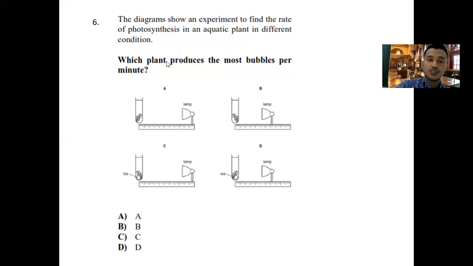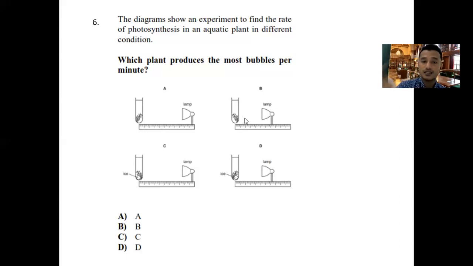Why does the question ask which plant produces the most bubbles per minute? The bubbles produced by the plant represent oxygen, and the oxygen represents how well the plant does photosynthesis. If the plant produces a lot of bubbles, that means it does a lot of photosynthesis.